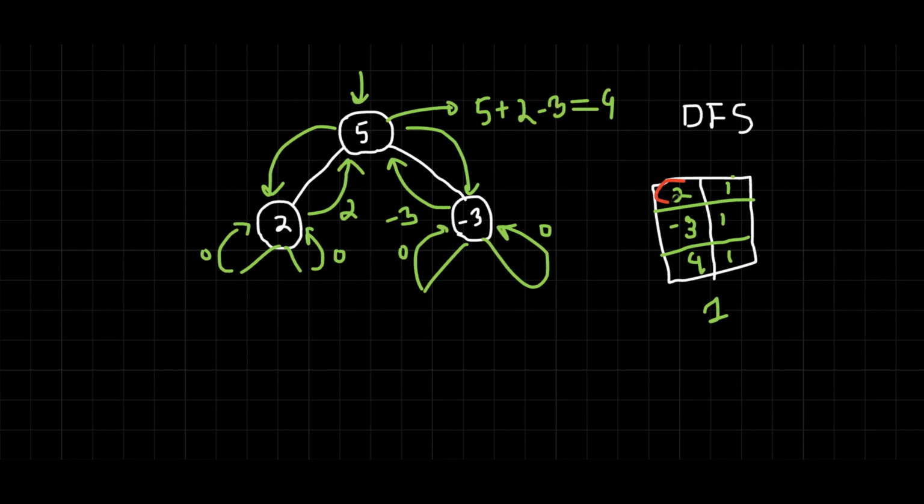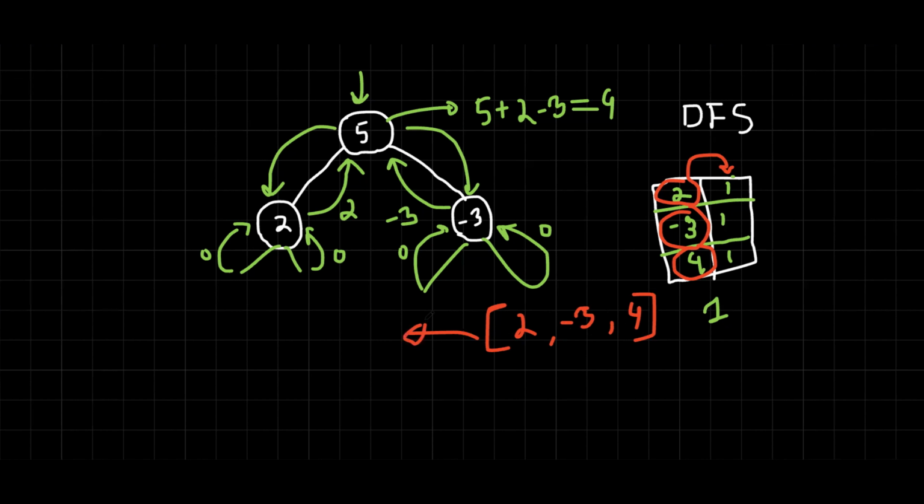So here this 2 has the frequency 1, this minus 3 has the frequency 1 and 4 will have the frequency 1. So here we have to add 2, minus 3 and 4 into a vector, and we have to return this vector as the answer.